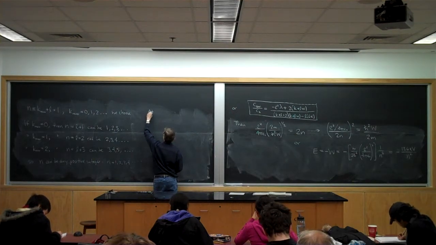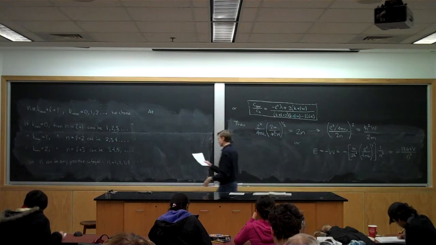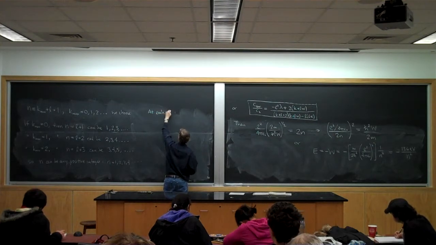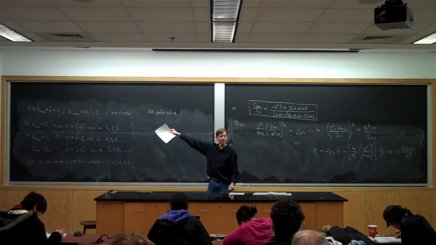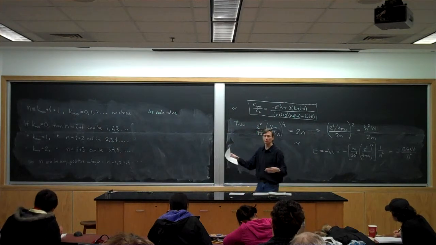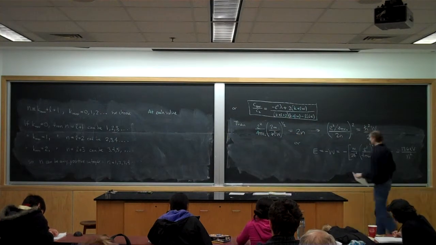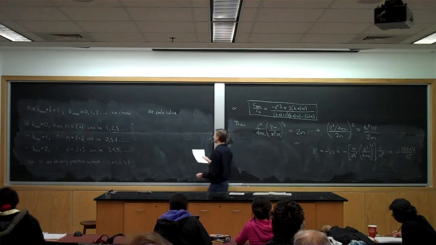So now we turn it around and get the relation that you're more familiar with. At each value of n, if we start with n, because we got it out of k max, but k max isn't a very natural way to look at it. It's more natural to look at n, because n is what determines the energies. K max plus L plus 1 is what determines the energies.